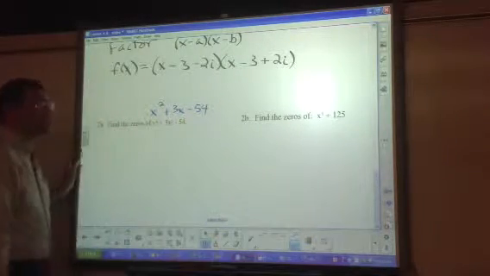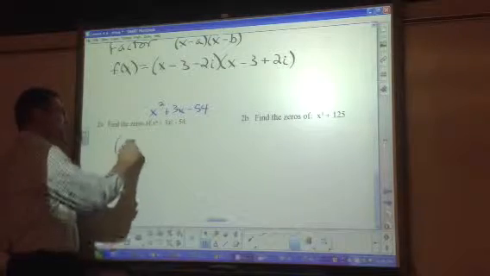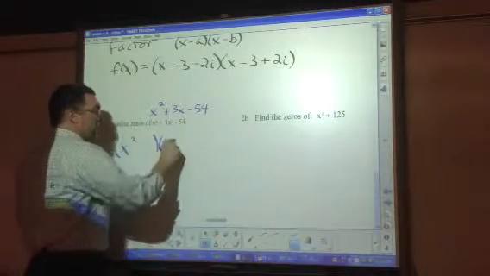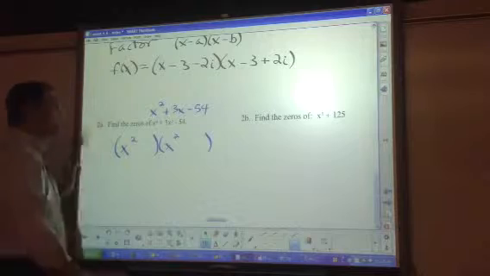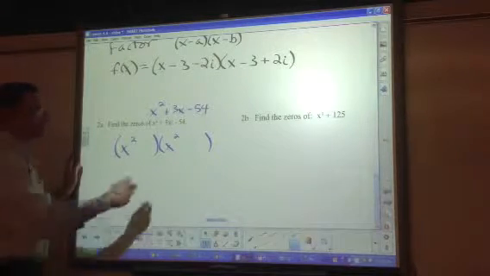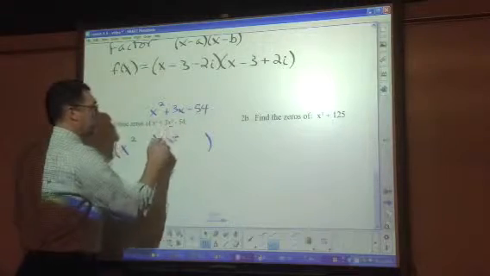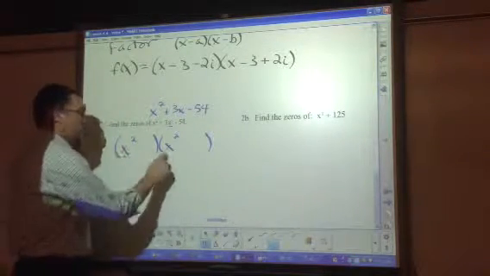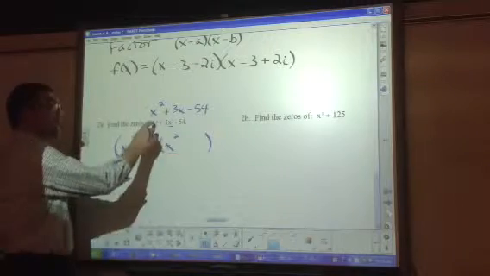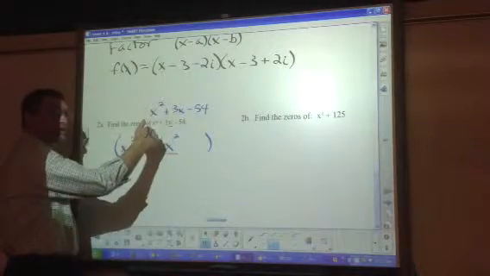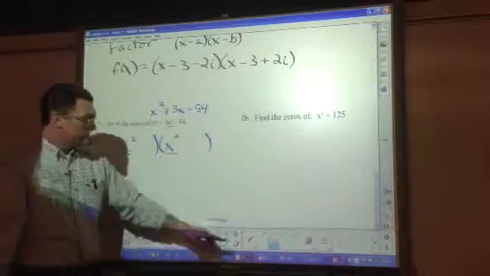The only difference is that my first terms in each of my factors are going to be squared instead of just being x. Because it always works out that whatever this middle term is, that's what goes here and here, as long as the degree of the first term is twice the degree of the middle term.